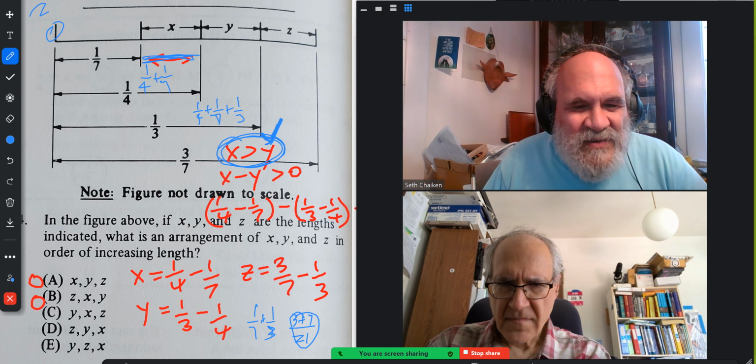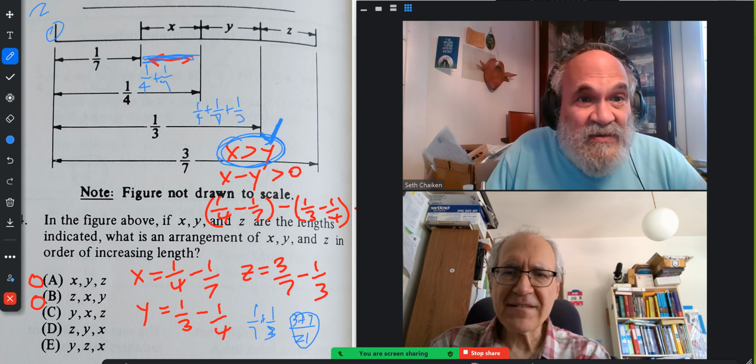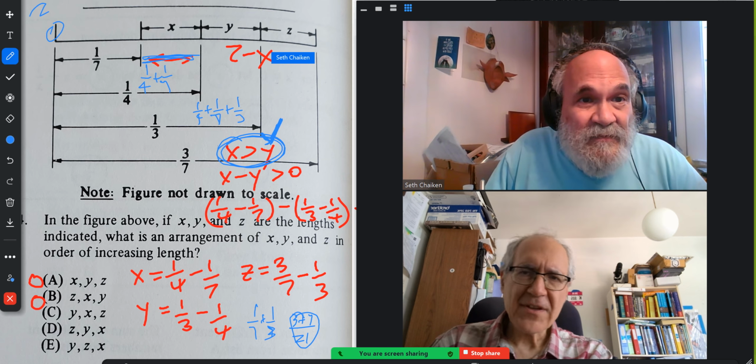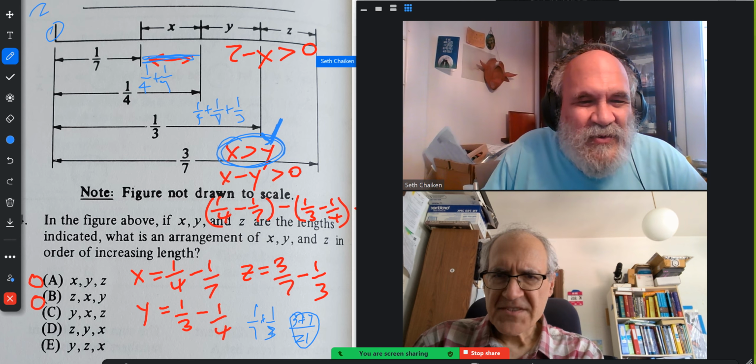So z minus x. If you're writing somewhere, I can't see it. Wherever you're writing, write it over there. Z minus x is greater than 0, which is equivalent to z is greater than x.